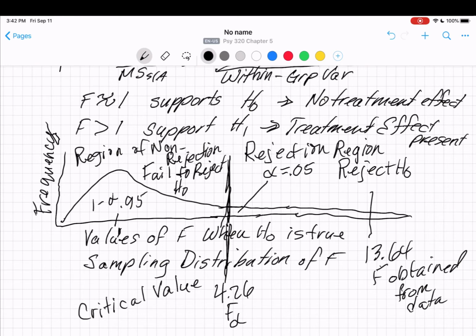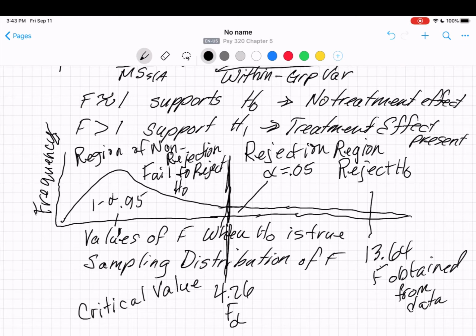So in that situation, we would decide to reject the null hypothesis, because getting an F value of 13.64 is extremely unlikely when there's no treatment effect present. So instead, it's actually very likely that we do have a treatment effect, that in our example, the amount of coffee consumed did have an effect on number of hallucinations. Okay, so that's the idea of the rejection region.